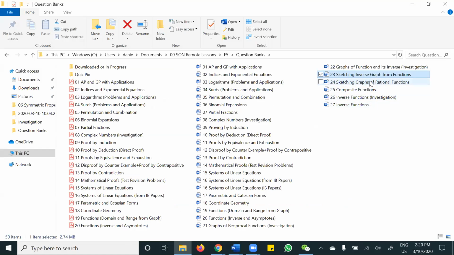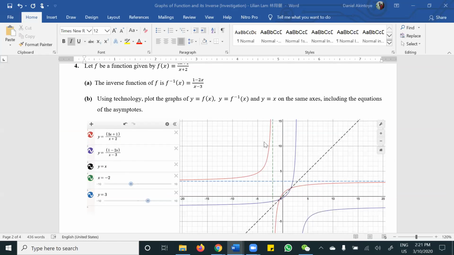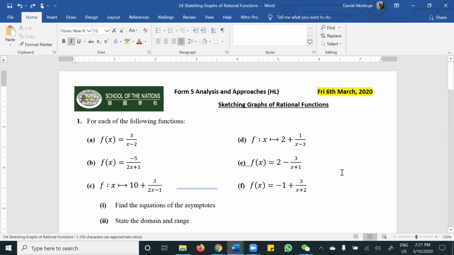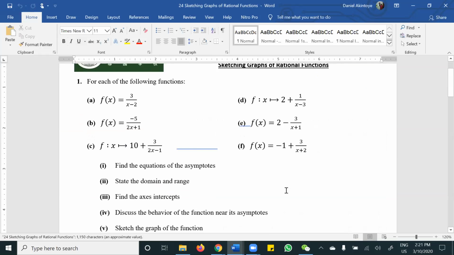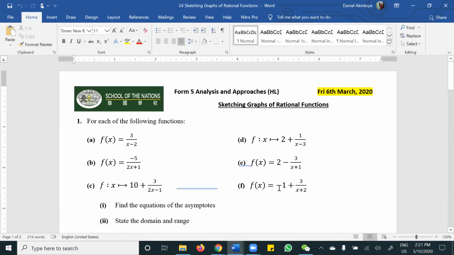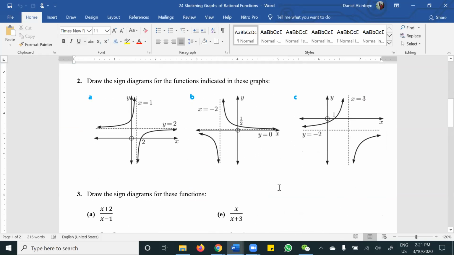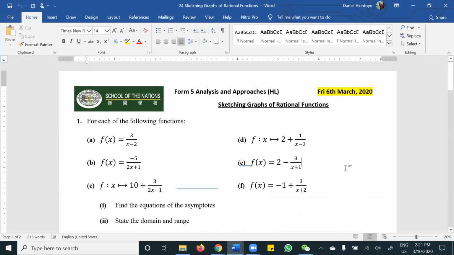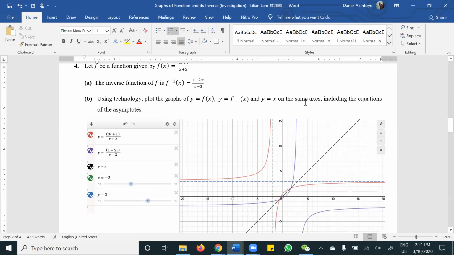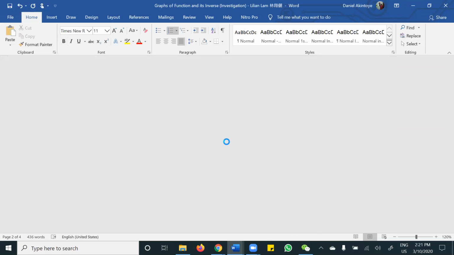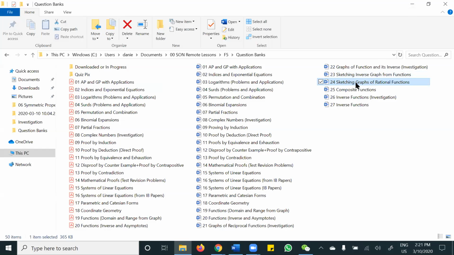Okay, so another one is about sketching graphs of rational functions based on what we have done so far. This is not an extension of what we did. So we've done this.